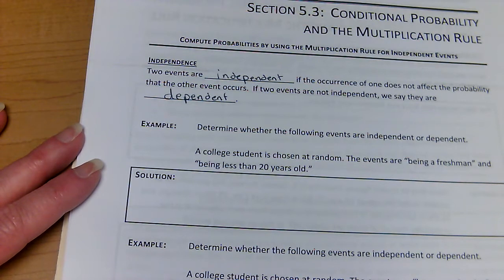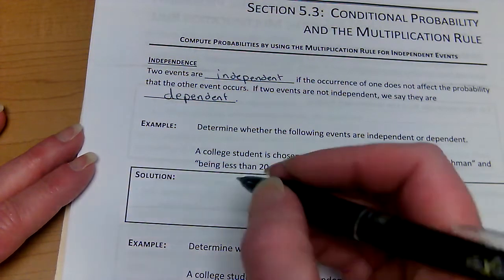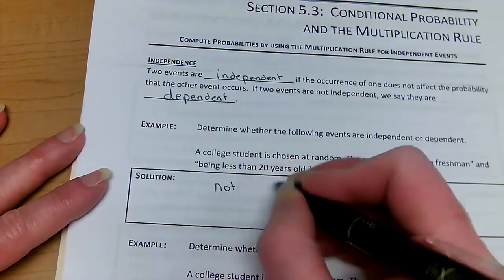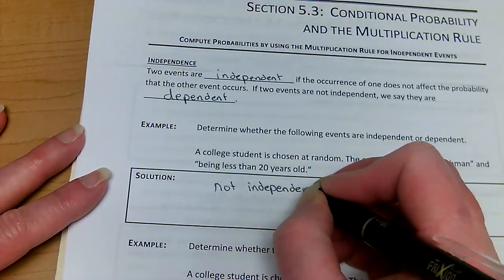If the student is a freshman, the probability that the student is less than 20 years old is greater than for a student who's not a freshman. So these are not independent. They could affect each other.